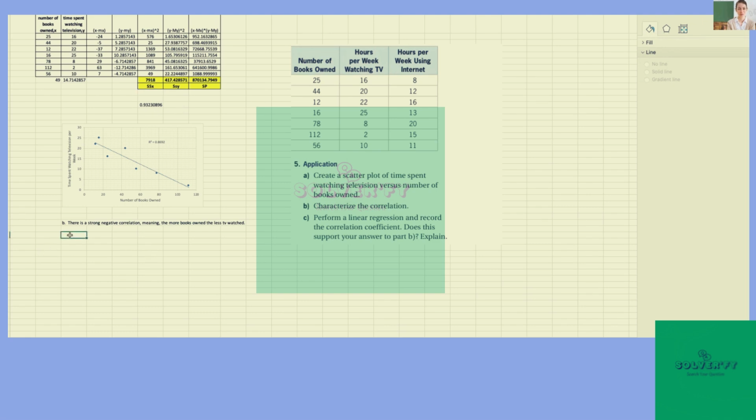So the correlation coefficient is negative 0.932, which supports the linear regression.